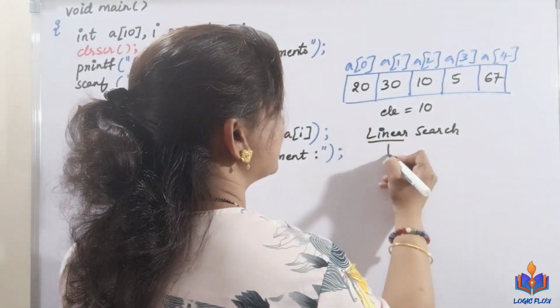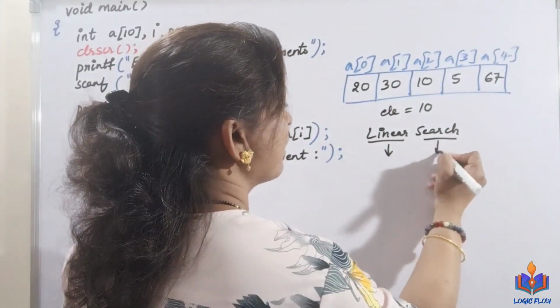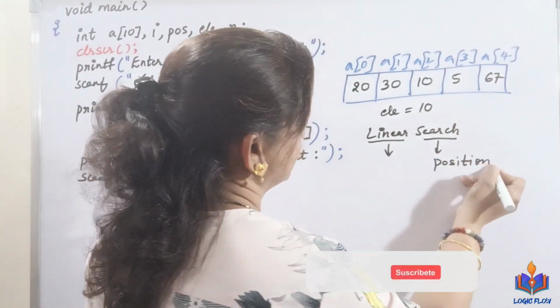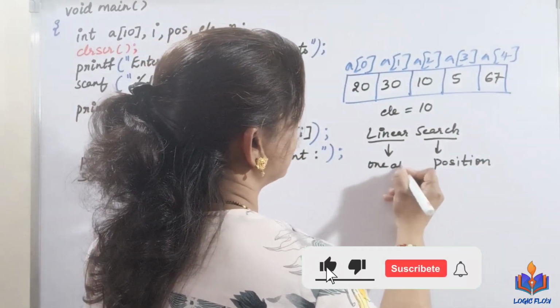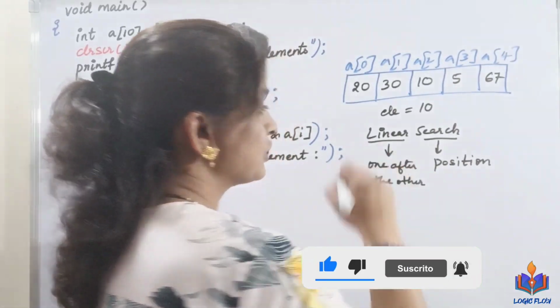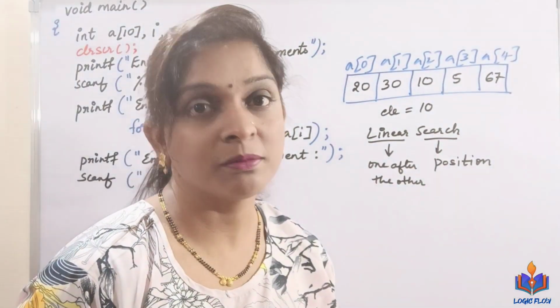So what do we do in linear search? Linear says do the searching in a linear fashion. Search says find the position of the element, one after the other. I need to go on searching the elements and find the position.